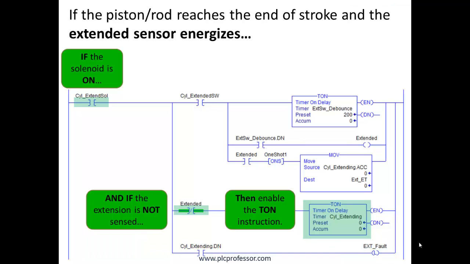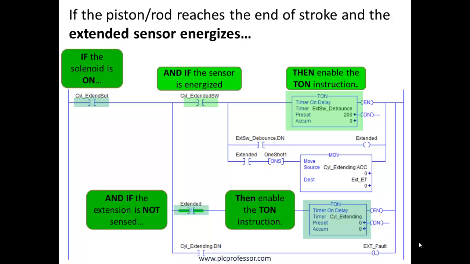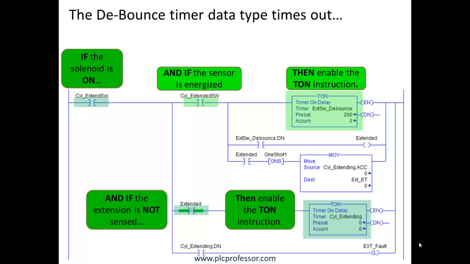However, in another scenario where the timer doesn't time out, or the piston rod reaches the end of stroke and the extended sensor energizes before the timer times out, and that of course enables the debounce timer, and 200 milliseconds later the debounce timer data type times out and sets the done bit, and consequently the extended bit is set.